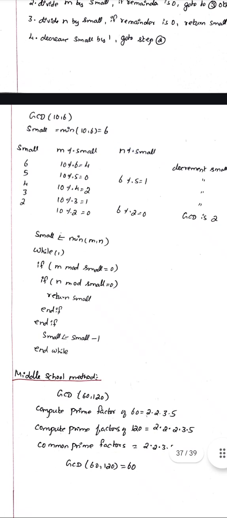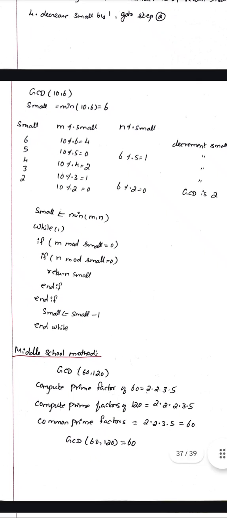GCD of 10 and 6. Small equals the minimum of 10 and 6, that is 6. Now small equals 6. M modulo small is 4. Decrement starts. Now m modulo small is 5, then 10 modulo 5 is 0.